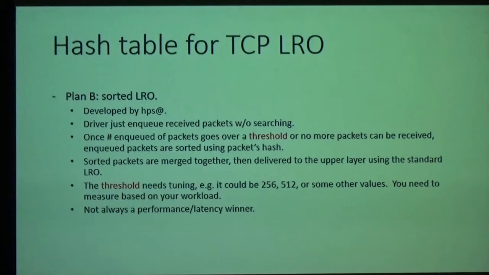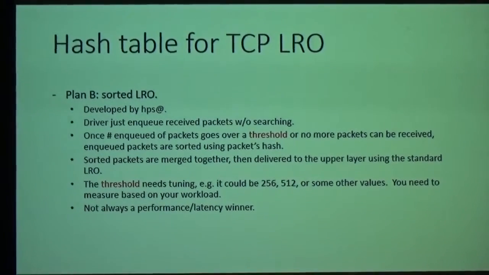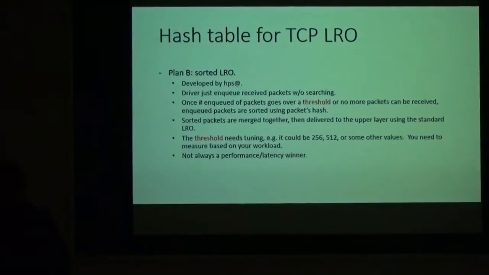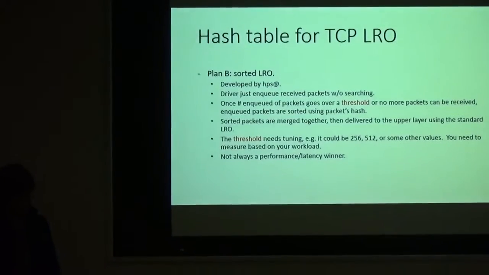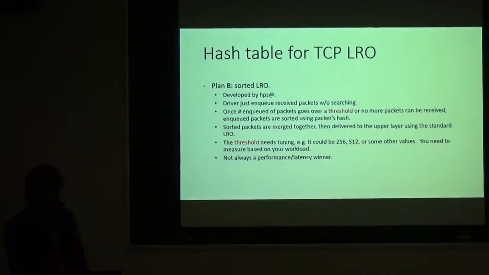But as I have said, you will have to tune the upper limit, which means when the sorted LRO is going to flush the cached entries. It can be 200 or 500, maybe sometimes other values. You will have to test it, measured based on your own workload. It's not always a performance and latency winner compared with the hash table.